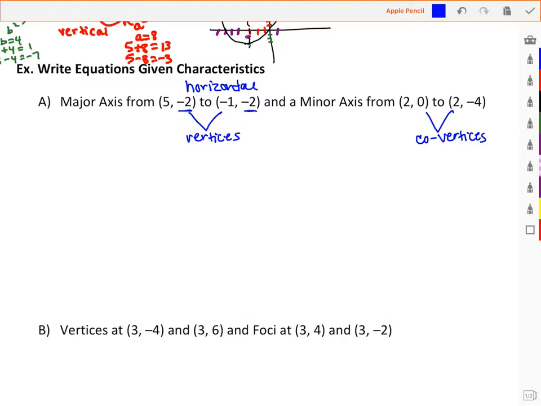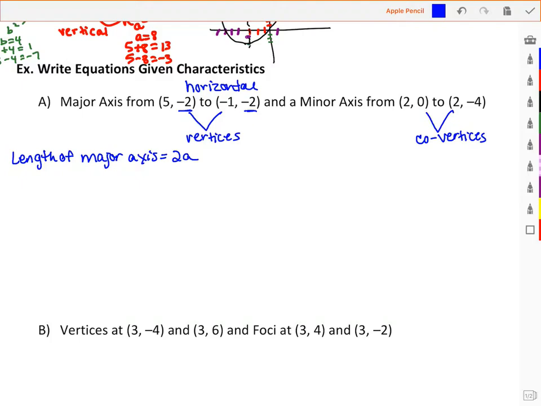Now this isn't on there anywhere, but this would be something good to know. The length of your major axis is 2a. We can use our distance formula, or we can just count in this case because it's just a straight horizontal line, to see how far apart 5, negative 2 and negative 1, negative 2 are.